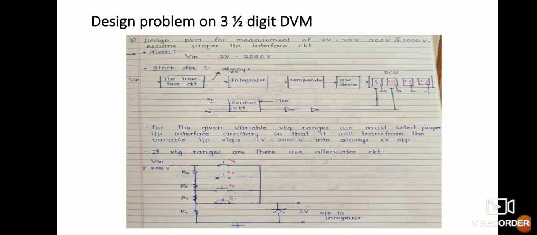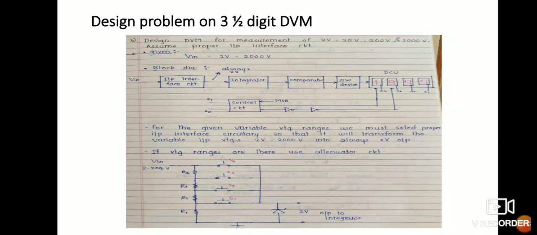First of all, Vin is connected to the input interface circuit, then that output is given to the integrator. The output of the input interface circuit we can keep as 2 volt. The output of the integrator is given to the comparator. The output of the comparator is given to the switching device, that is the AND gate.